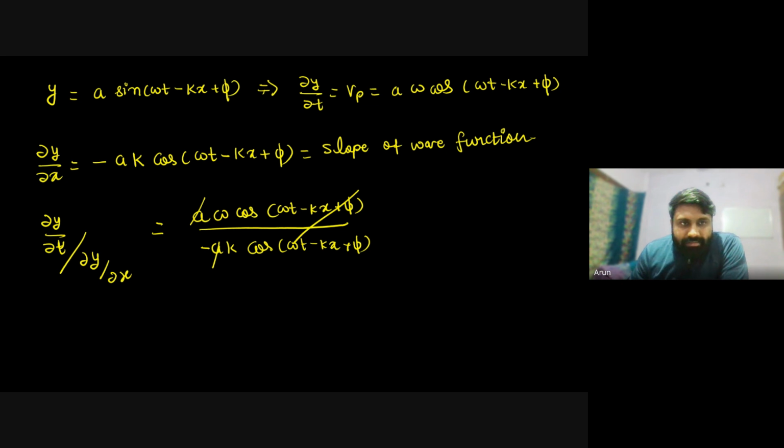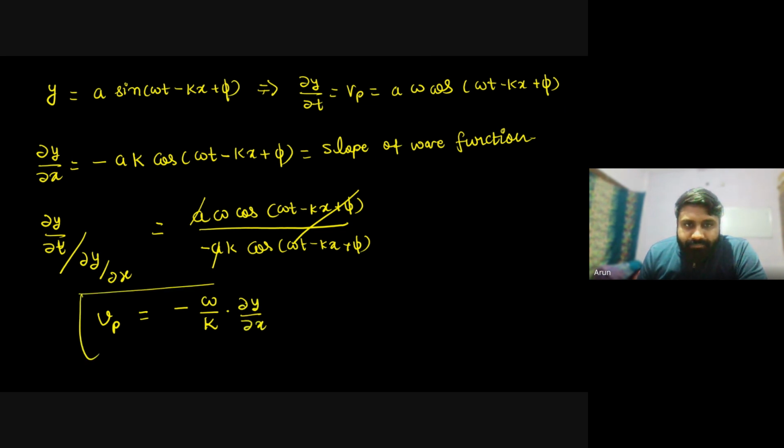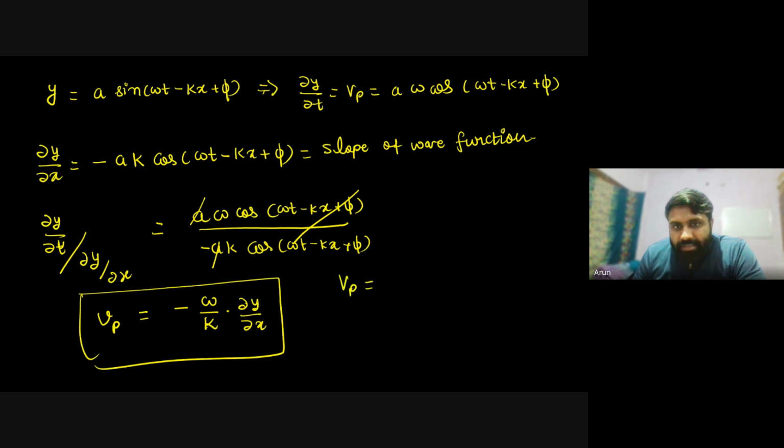So this del y by del t is nothing but what? This del y by del t is the particle velocity. Del y by del x is the slope. It is minus omega by k into del y by del x, which you can say means that particle velocity is the negative of omega by k, where k is the wave number here, times the slope of the wave function.